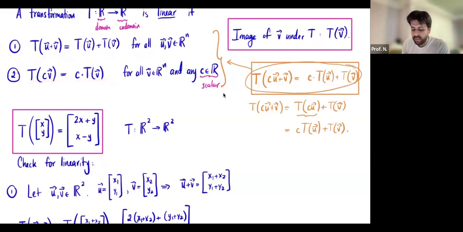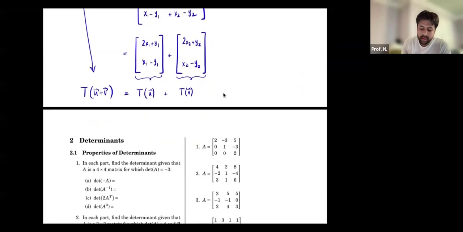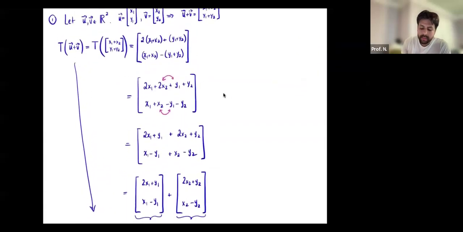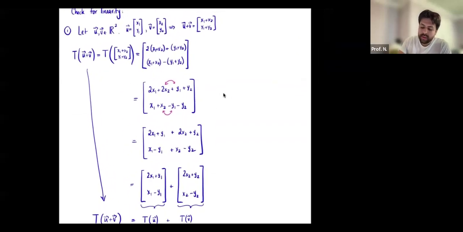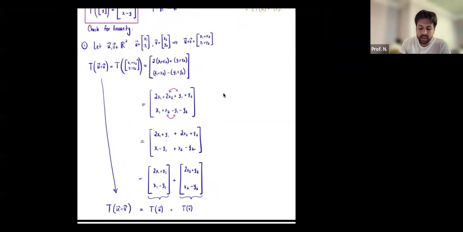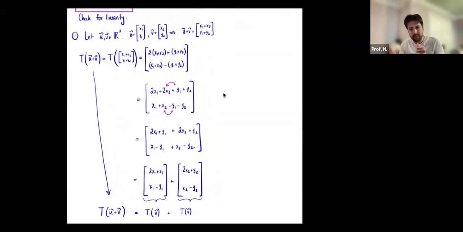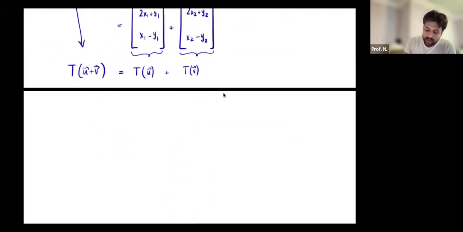If you can show that a transformation obeys this equation, you essentially kill two birds with one stone, as they say. So you can also do it that way. But I like going through this way just to see both properties clearly. One is for the addition of two vectors, and the other is for scalar multiplication of a vector. Okay, so let's look at the second property.